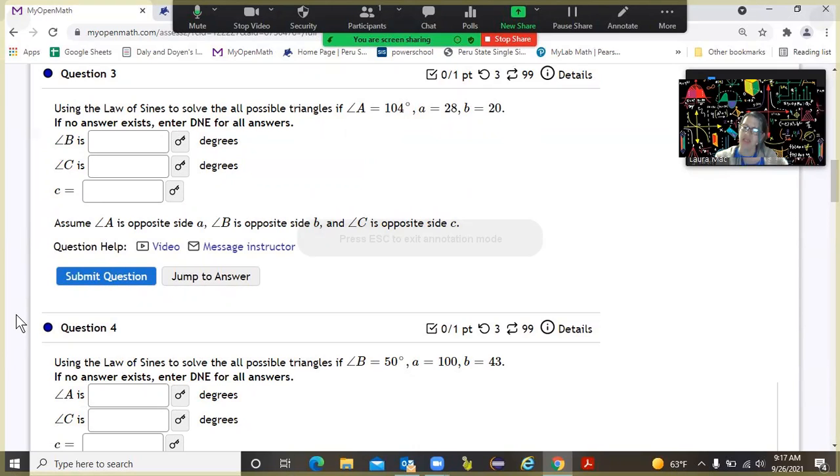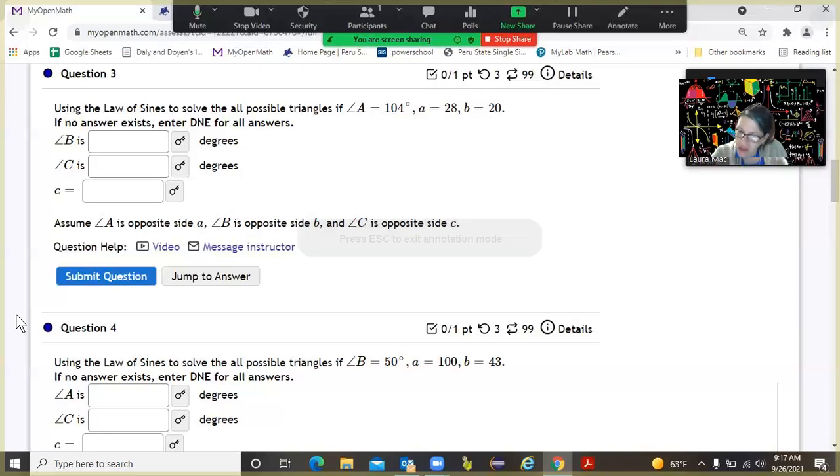So what you're going to have to do is, when you find that first angle using your inverse sine, you need to check the first quadrant possibility and the second quadrant possibility. Let me show you what I mean.